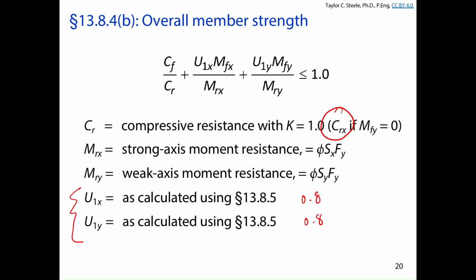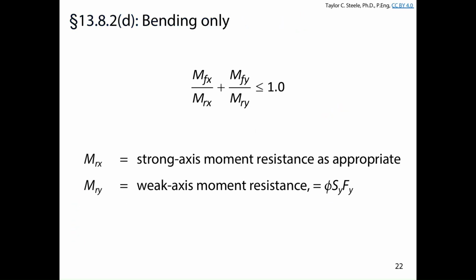If CF is 0 here, and you happen to calculate U1x and U1y values to be less than 1, then you're exceeding the biaxial bending or the bending only strength because of the U1 values that you're trying to calculate. Okay, so you can accidentally overestimate the strength of your beam column using the overall member strength interaction if CF is 0, and that's why we have to check to make sure that MFX and MFY are less than or equal to MRX and MRY when we combine them together. Okay.